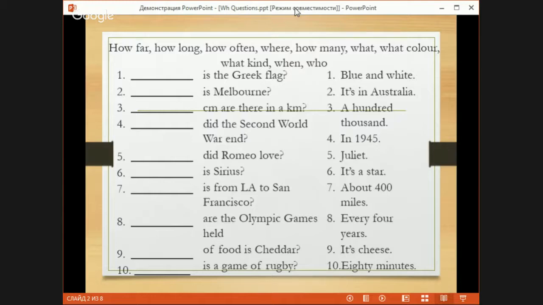Not only how, but we have here how far, how long, how often, where, and others. I will give you a minute or two to think where to use these question words. We have here a question and the answer. It's, I guess, very easy, maybe even a minute. And then we will check.